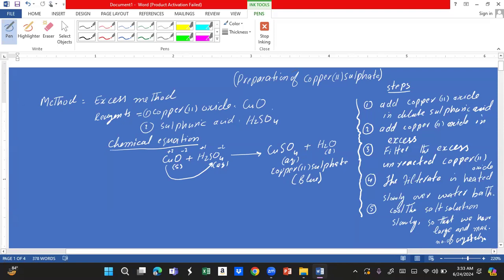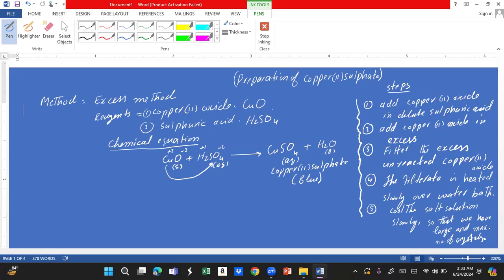And that's it. So let me take an overview of this. Today we discussed how to prepare copper(II) sulfate. The formula is CuSO4. It is a soluble salt, so in order to prepare it we need reagents. One reagent in the examination will be given to you, the second reagent you have to identify.